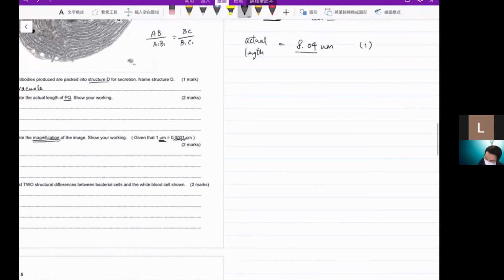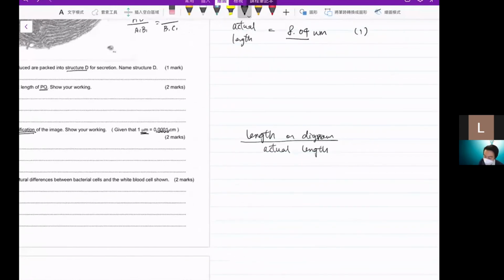The concept is you need to use the length on the diagram divided by the actual length. Then you know how much it enlarged. Also, remember when you do the calculation, you need to convert all the units to be the same. For this one, I'm not going to give you the answer. So do it yourself by using this method.